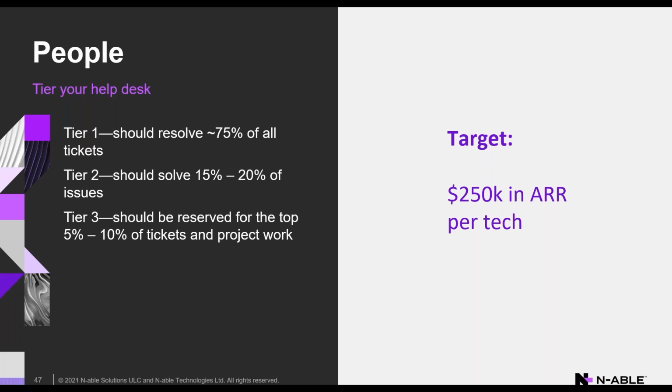But if we've got 5 technicians, we should be tiered. 3-1-1, tier 1, tier 2, tier 3, 2-2-1, tier 1, tier 2, tier 3, right? We should be tiered. Tier 1 solves 75% of our tickets. Tier 2 is going to solve 15 to 20%. These are the more complicated problems.